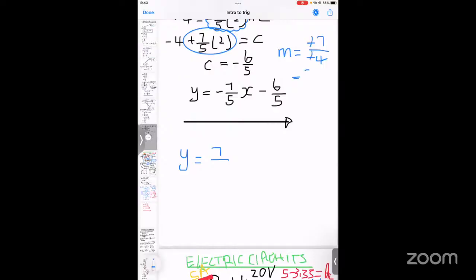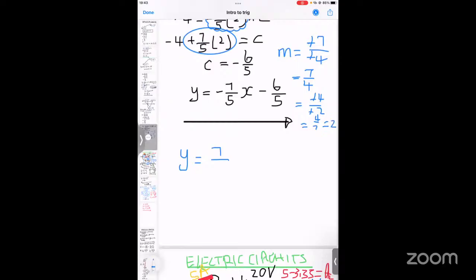Negative cancels with negative, then it becomes 7 over 4. You don't continue. It's like you have -4 over -2, the negatives cancel, 4 over 2 is the same as 2.